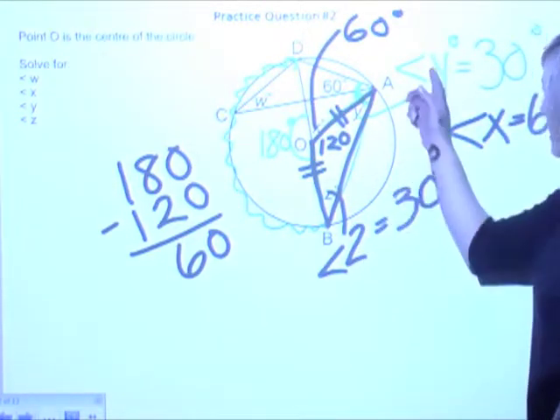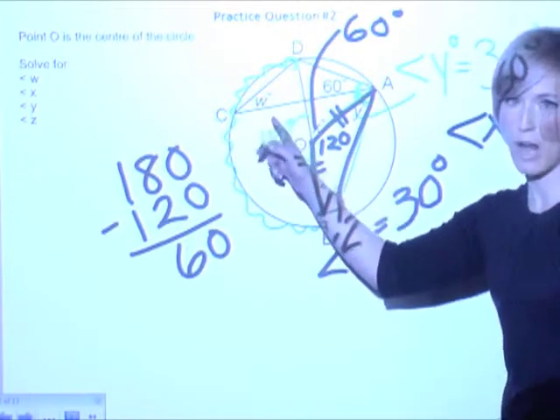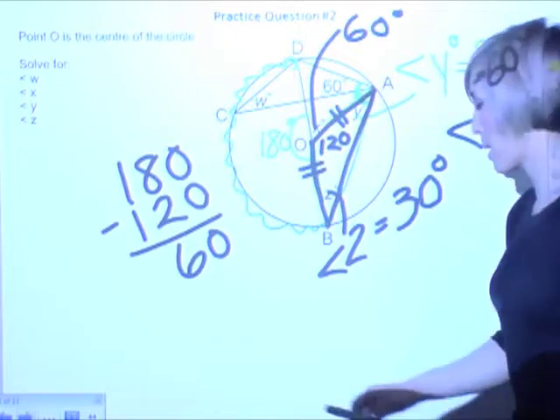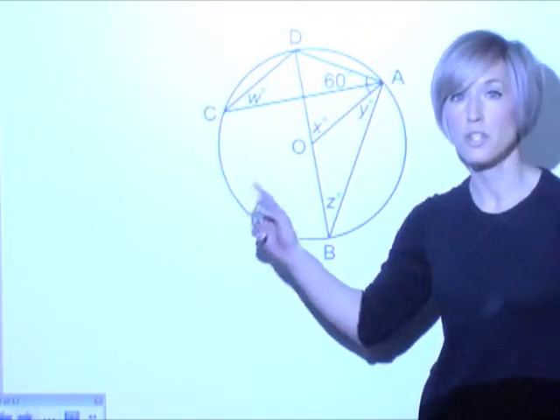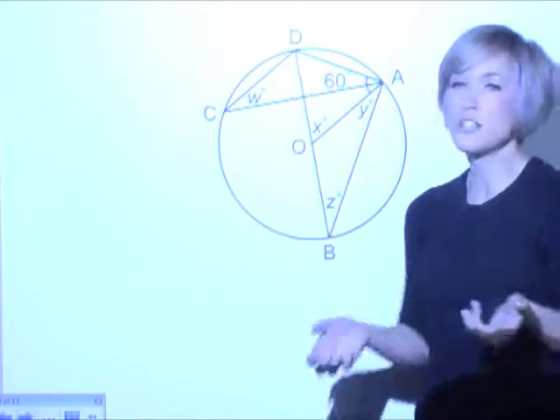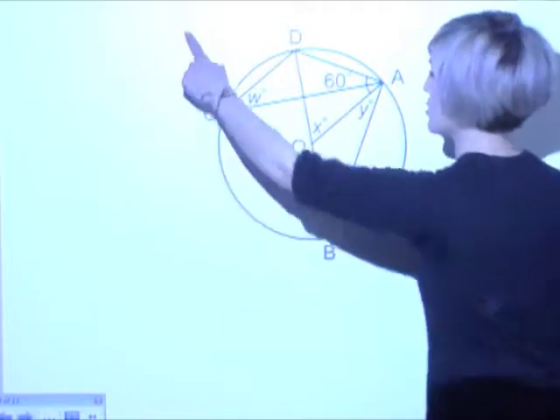So we've solved angle y, angle x, and angle z. Now to solve for angle w, I'm going to have you do something with your paper. Take your paper and turn the question around, like I'm doing.